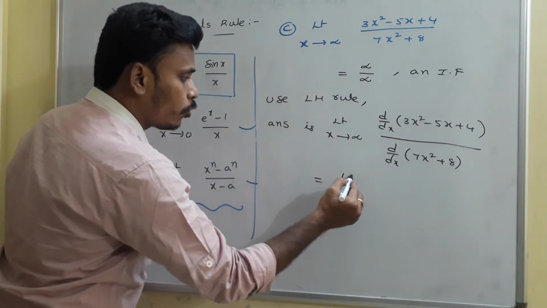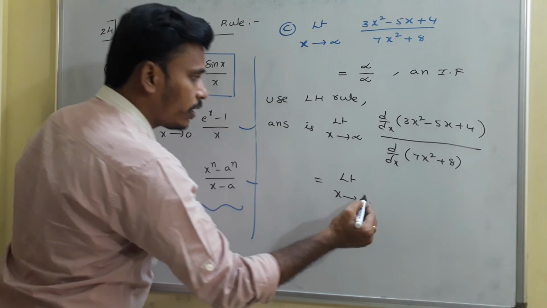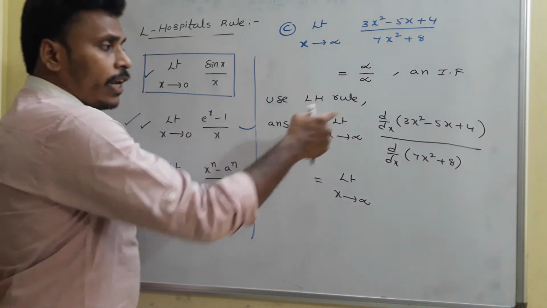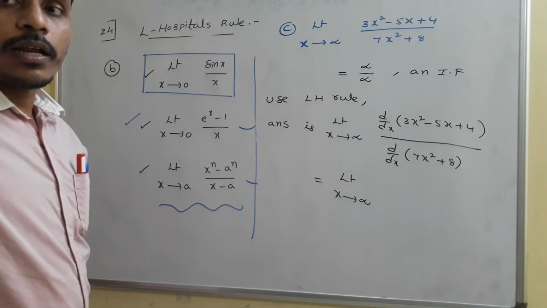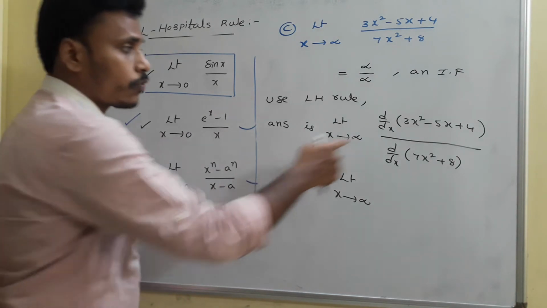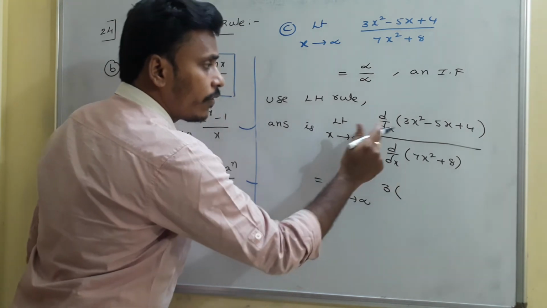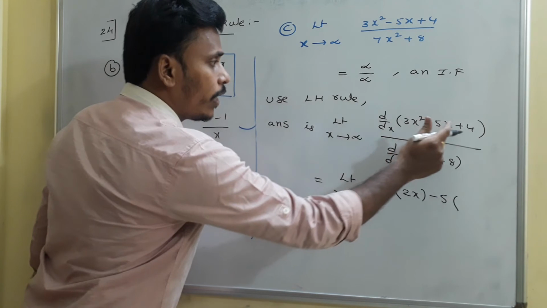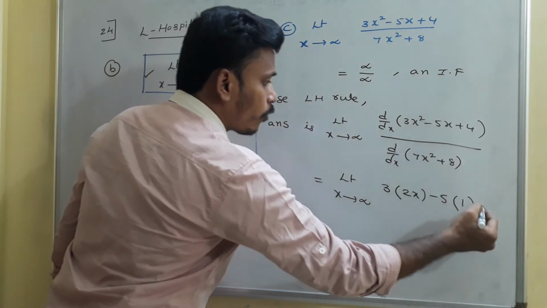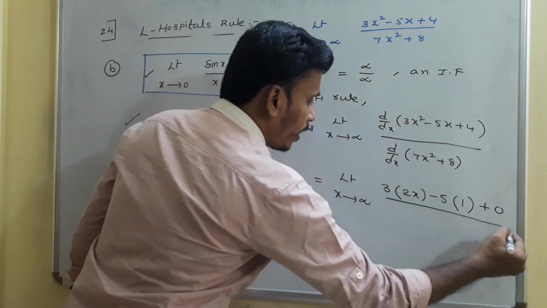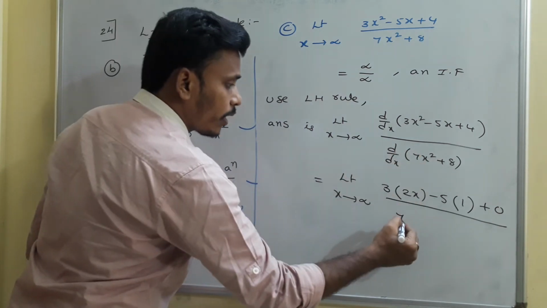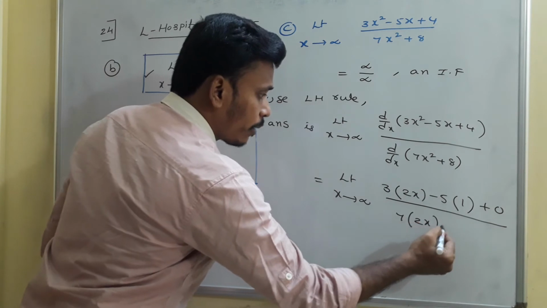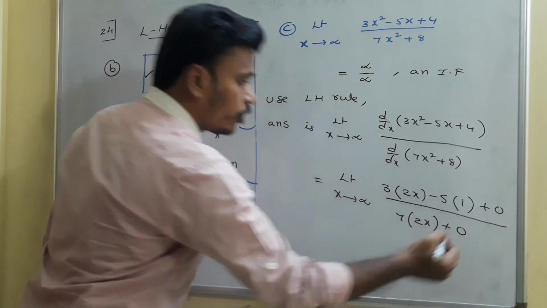So this is equal to limit x tends to infinity. We are trying to apply the derivative to it, okay? What is that? The derivative of 3x square is 3 into the derivative of x square, which is 2x, minus 5 into the derivative of x, which is 1, and the derivative of 4 is 0, divided by d by dx of 7x square, which is 7 into d by dx of x square, which is 2x, plus the derivative of 8, which is 0.